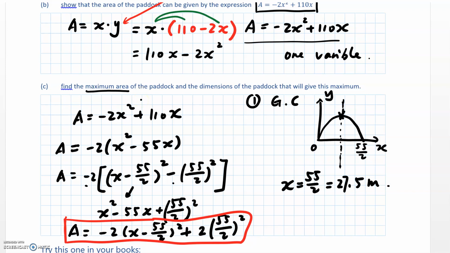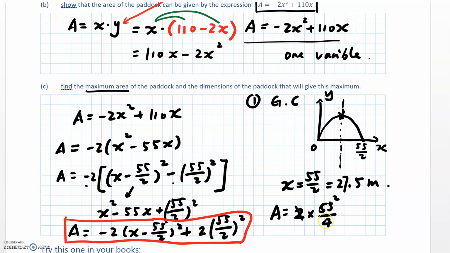Now it also wants you to find the maximum area. If I sub this value into here, this part becomes 0. Therefore, A is 2 times 55 over 2 to the power of 2.